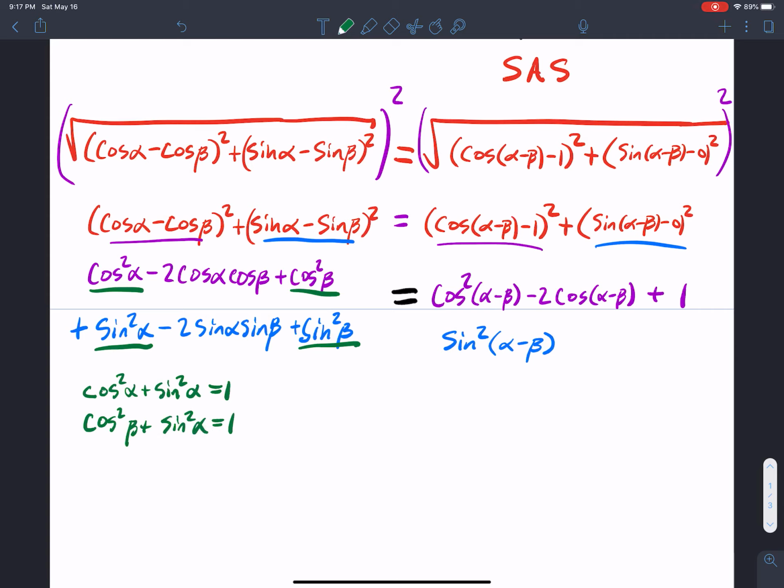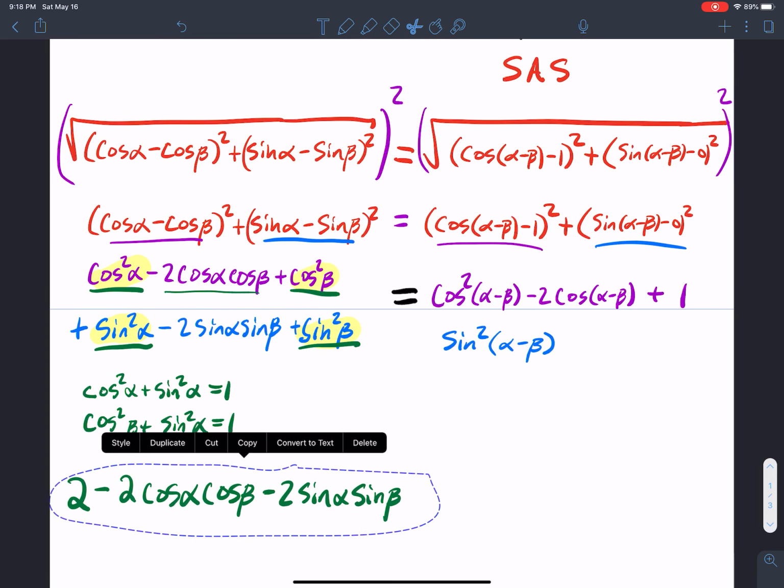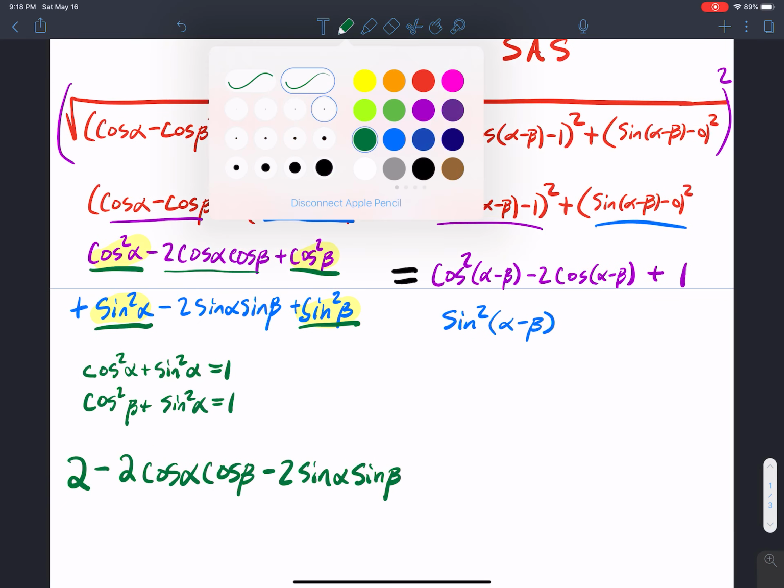That was mighty convenient, because now all these highlighted things reduce to just 1 plus 1, which is 2. So I get 2, and then what do I have? Minus 2 cosine alpha cosine beta minus 2 sine alpha sine beta. Okay, so that's what I have simplified here on the left side.